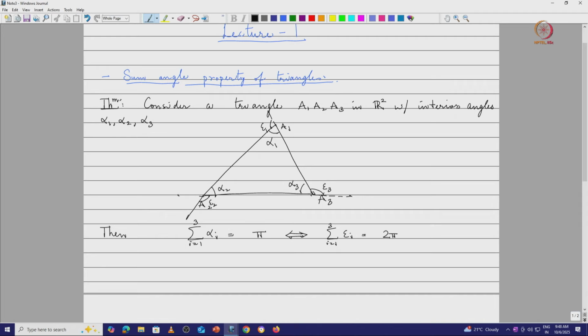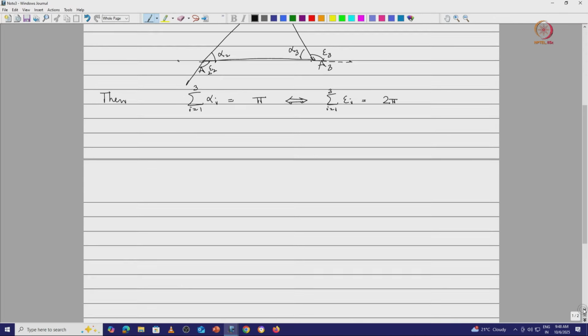Okay. So, now I want to consider the following two generalizations.